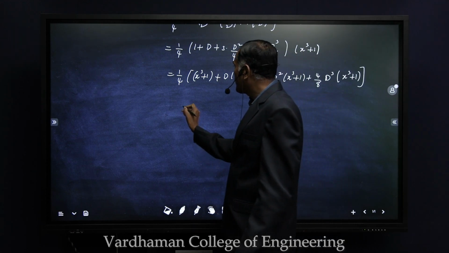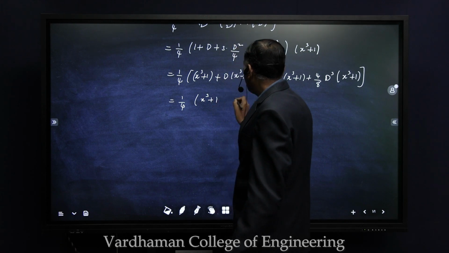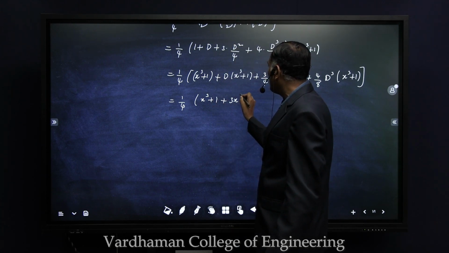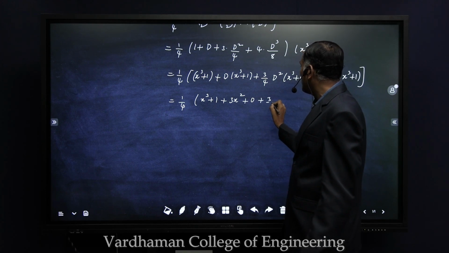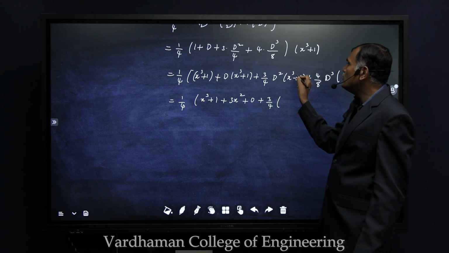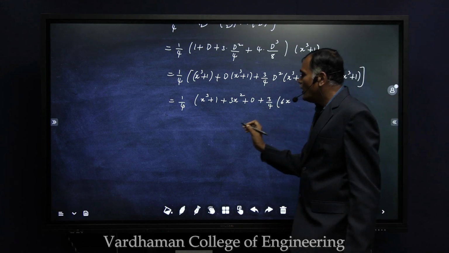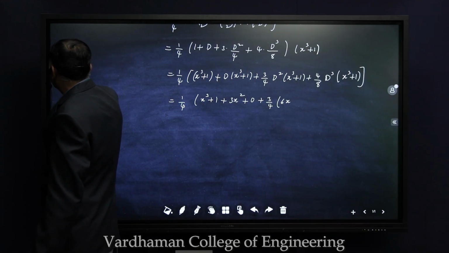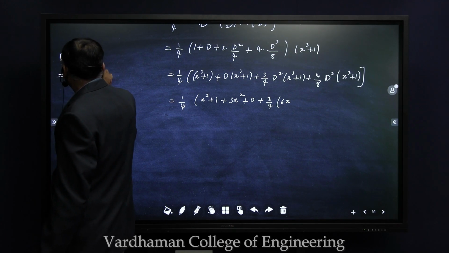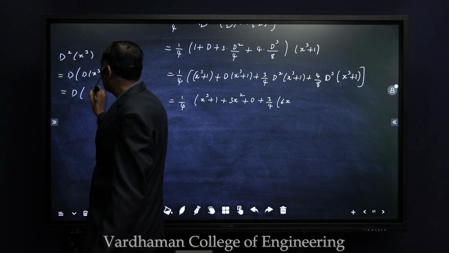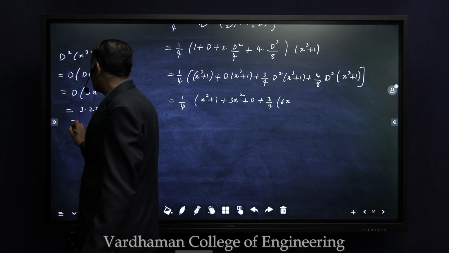If you simplify this, we get 1 by 4 times (x cube plus 1). D of x cube is 3x square. Derivative of x cube is 3x square, derivative of 1 is 0, plus 3 by 4 times D square of x cube. This is nothing but D of D of x cube. Derivative of x cube is 3x square, then derivative of x square is 2x, so we get 6x.